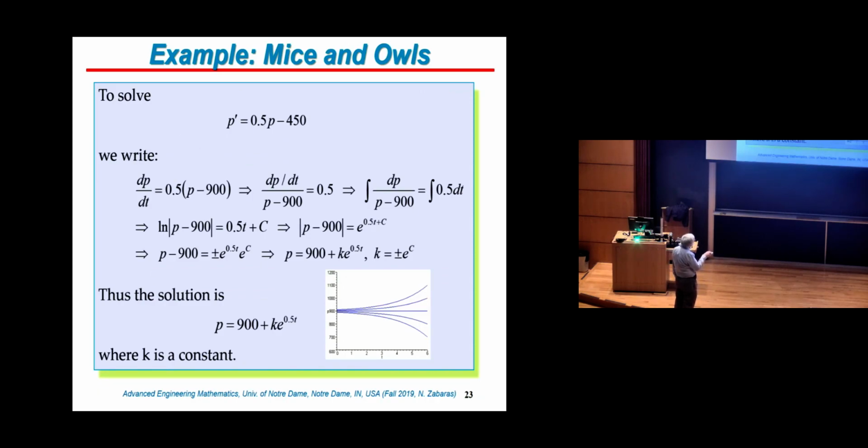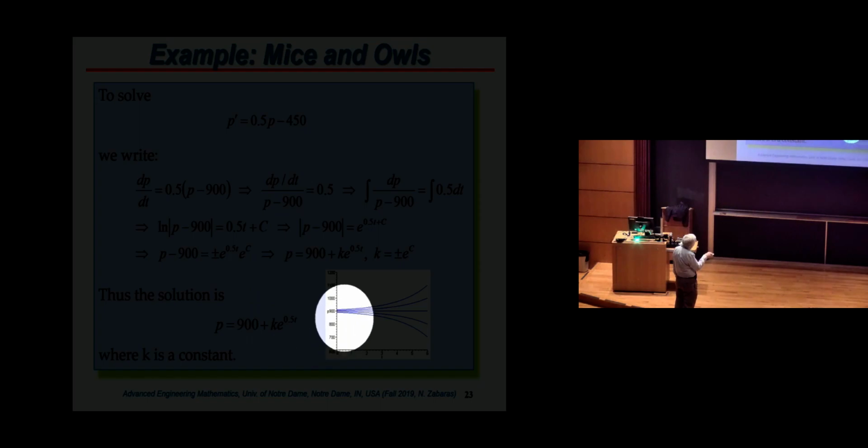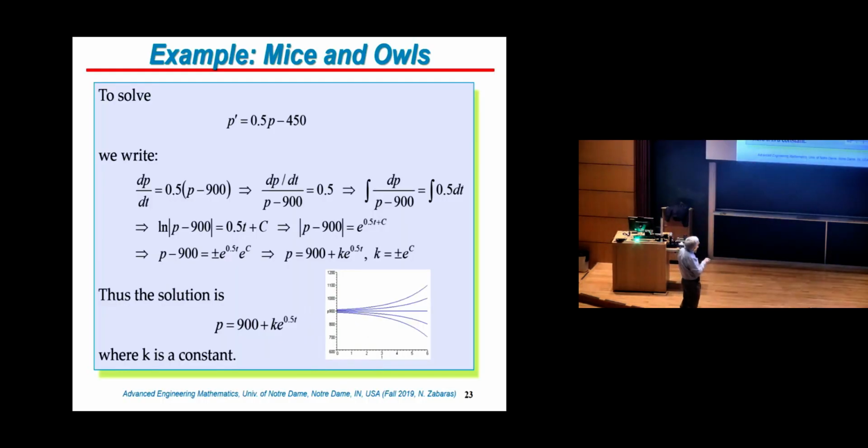Can you describe with words how I get this solution that goes down? What k comes in that picture? If you have a population of, let's say, 850, is k going to come out positive or negative at time 0?